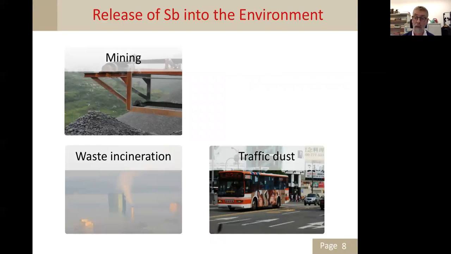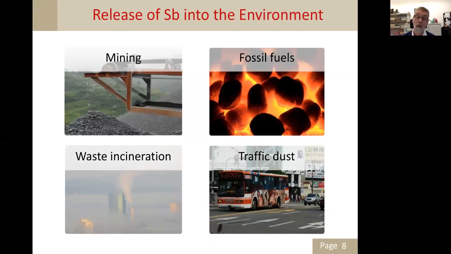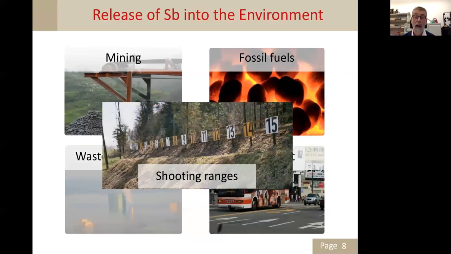So at crossroads, wherever people brake their cars, there are also increased antimony concentrations in roadside soils. There's also antimony in fossil fuels, which gets emitted with burning. And last but not least, for our purposes here, it is the release of antimony with bullets in shooting ranges.